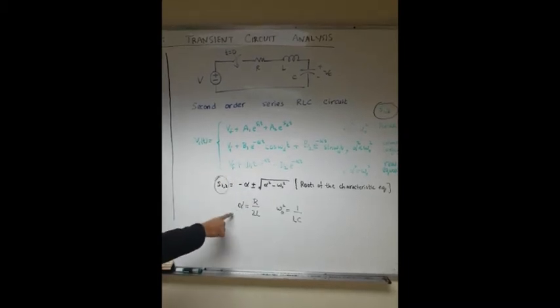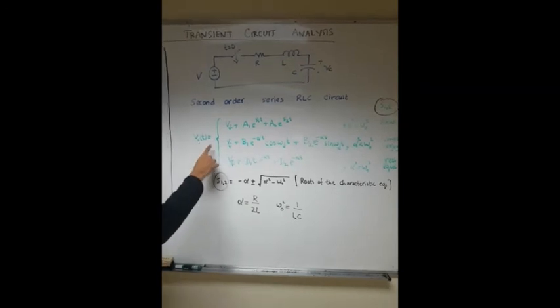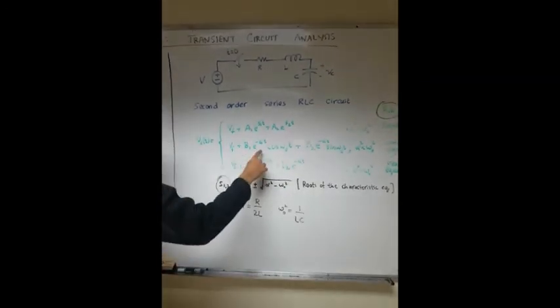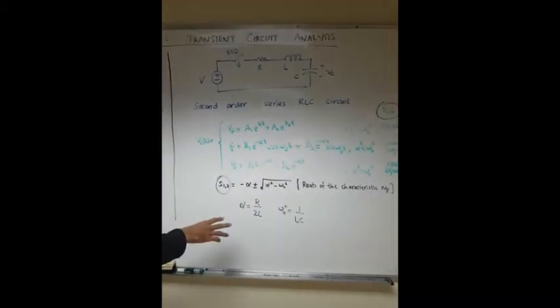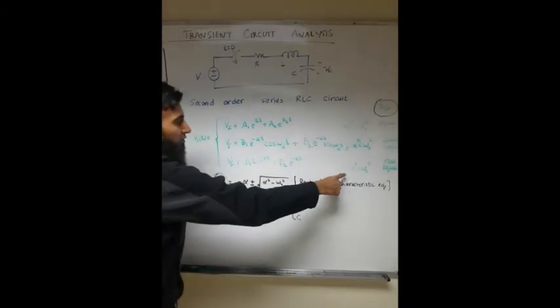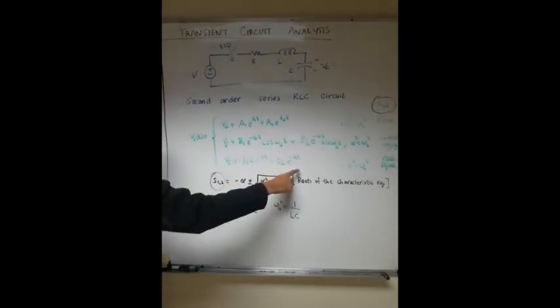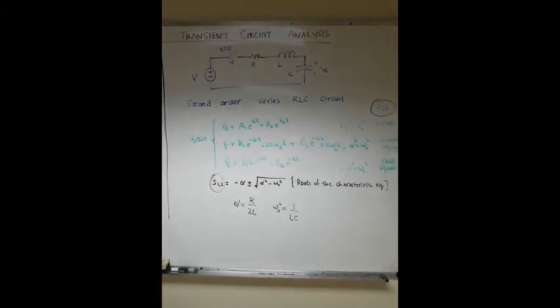And if alpha squared is less than omega naught squared, the capacitor voltage will have this type of solution, where we will have sinusoids. And at last, if alpha squared is equal to omega naught squared, we will have this type of solution. You know these solutions from your 202 course.